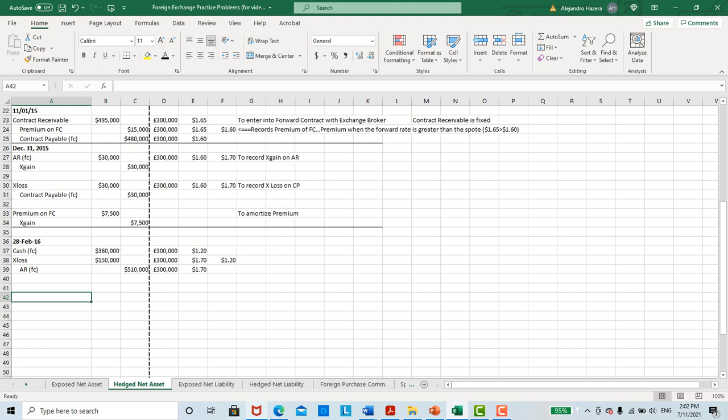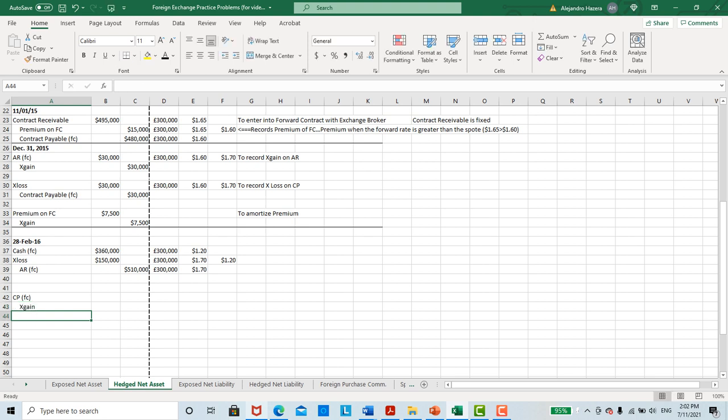However, whatever happens to the account receivable, you're going to have the opposite on the contract payable. You're going to take the 300,000 British pounds, which were the receivable, which you settled now, you can take them over to the exchange broker. So we're going to debit contract payable foreign currency, which is flow-wise the exact same British pounds.